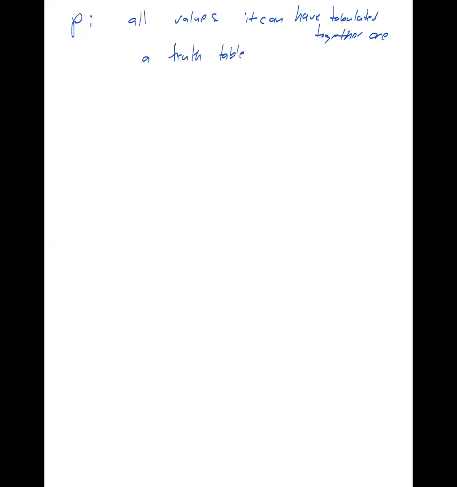So if you just have the letter P, the list of values that it can have is it could be true or it could be false, right? So that's the truth table for the proposition P.